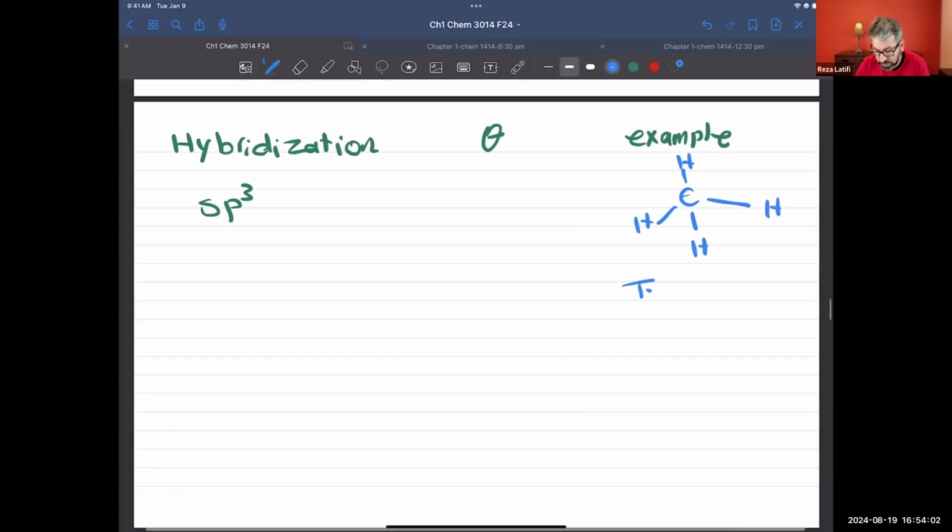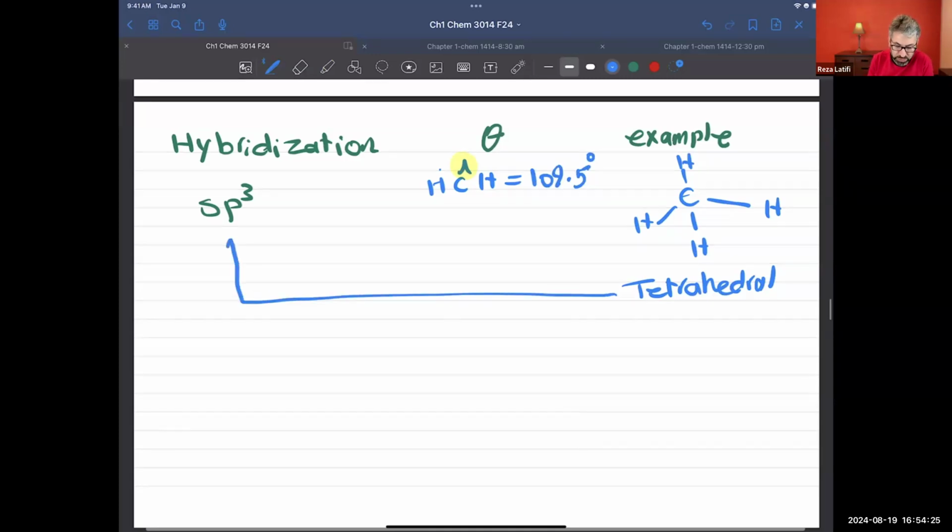The geometry will be tetrahedral. The bond angle for hydrogen attached to carbon, attached to another hydrogen, this sign represents the angle, will be around 109.5. So sp3 hybridization will give you a tetrahedral geometry, and the expected bond angle will be 109.5.